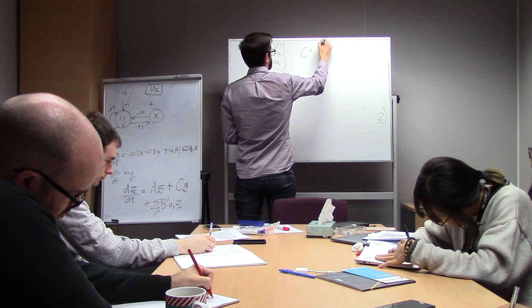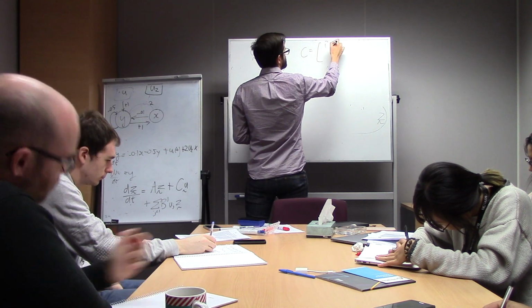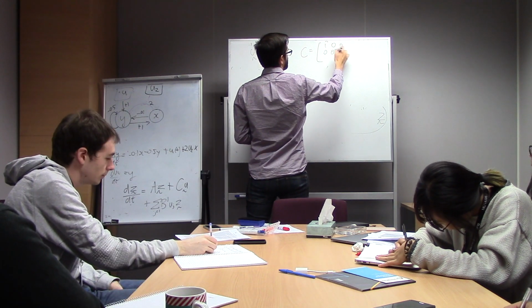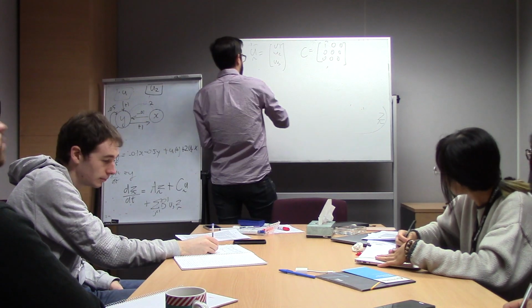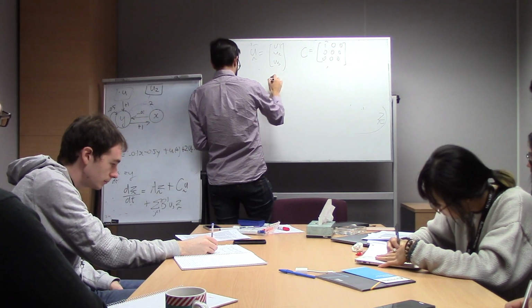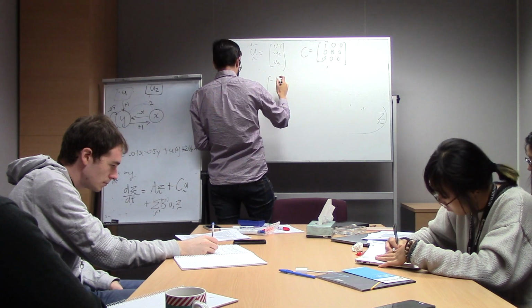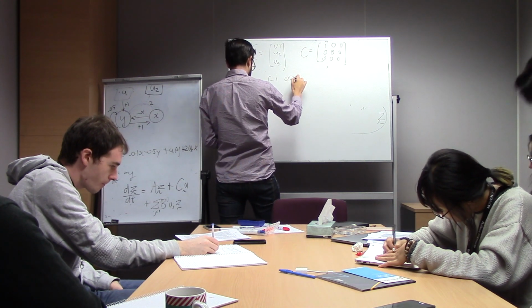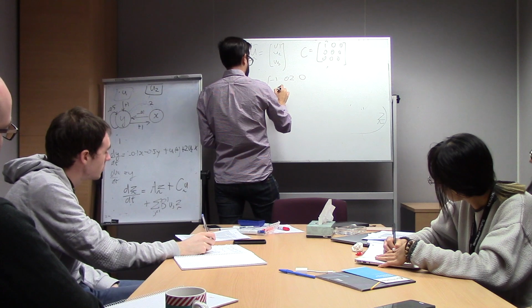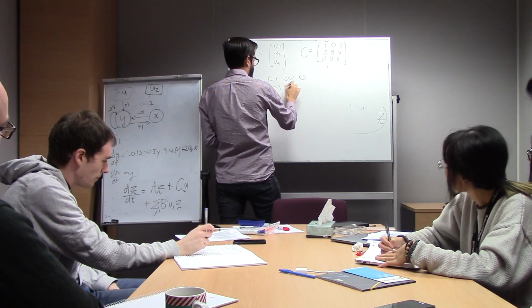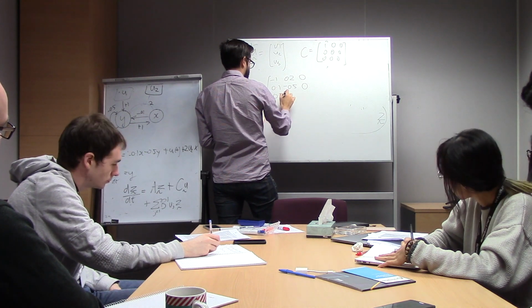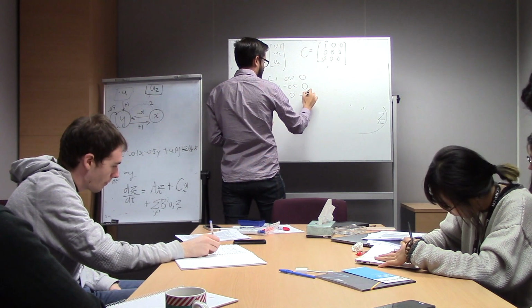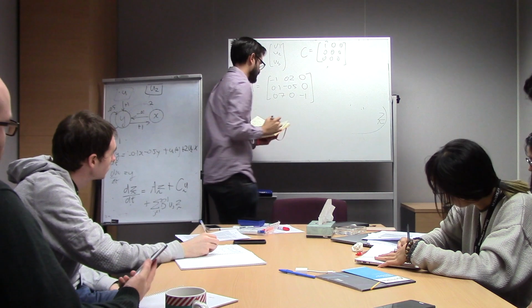C is equal to 1, 0, 0, 0, 0, 0, 0, 0, 0. A is equal to minus 1, 0.2, 0, 0.1, minus 0.5, 0, 0.7, 0, minus 1. Okay?